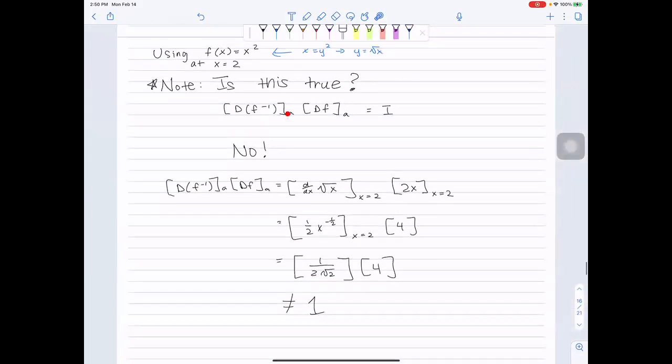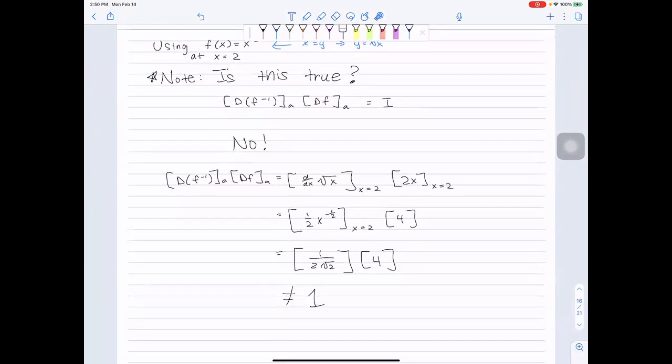So if we plug in x equals 2 for both, we don't get 1. We don't get that they're inverses. That's why we need this term, d of f inverse, to be evaluated at f of a, not just a. Any questions on that?